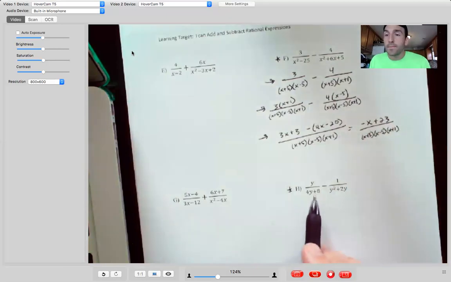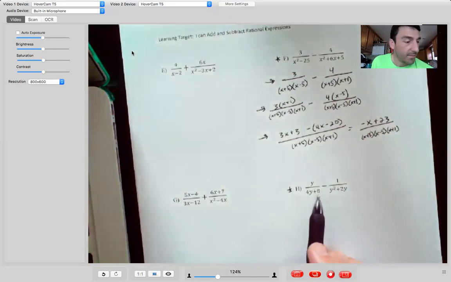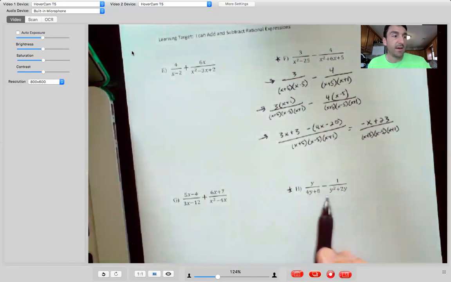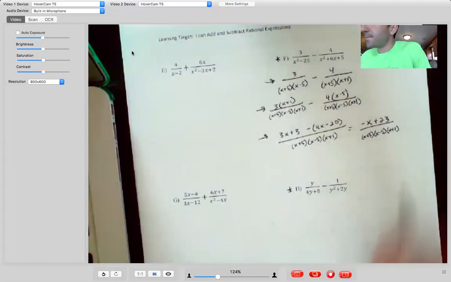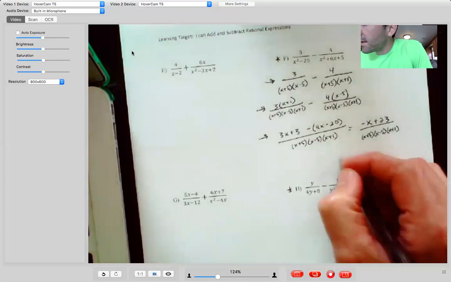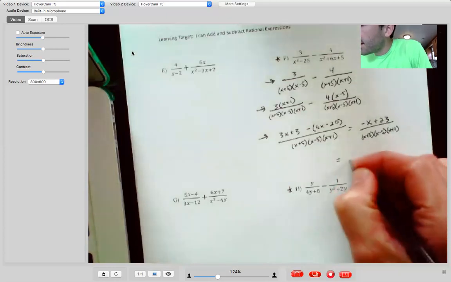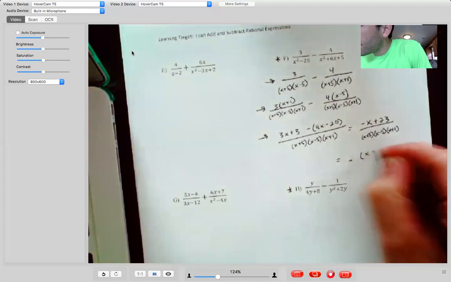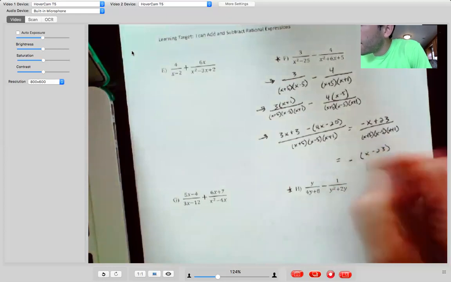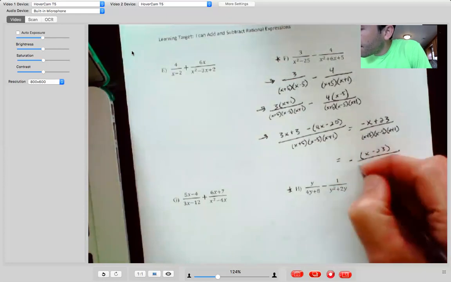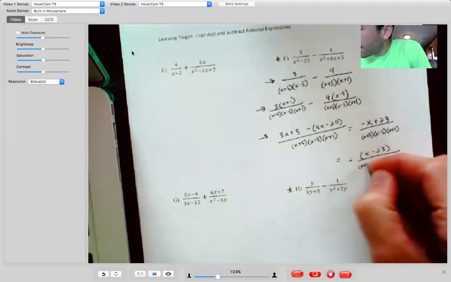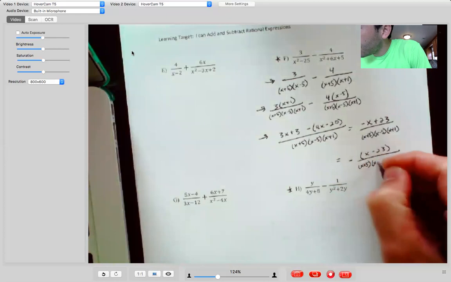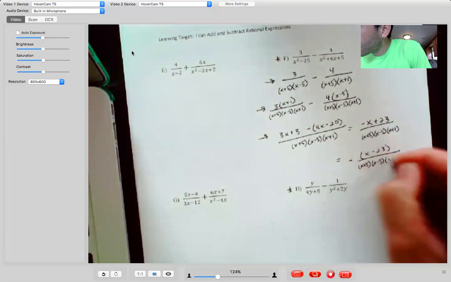So if MathXL would not accept that, it's because they want that lead term to be positive. So I would say maybe to be safer, we could express that as the opposite of x minus 23 over that big long denominator, x plus 5 times x minus 5 times x plus 1.